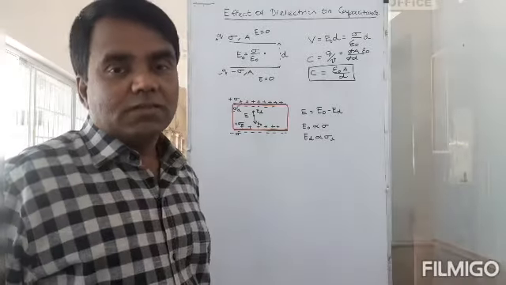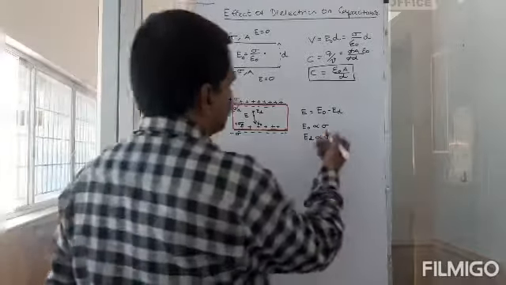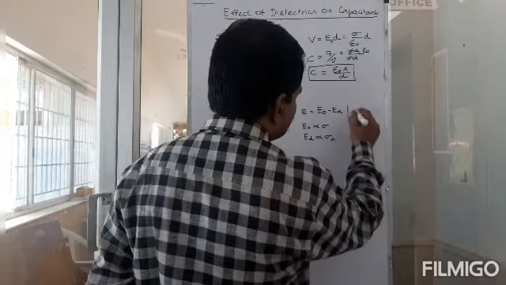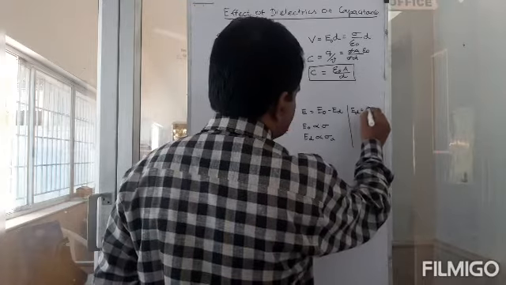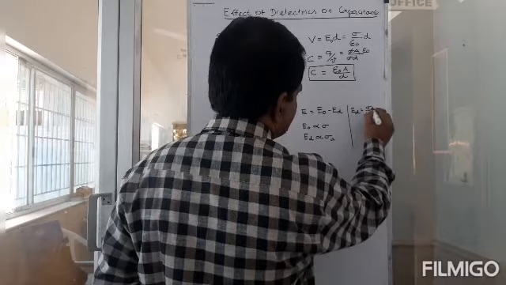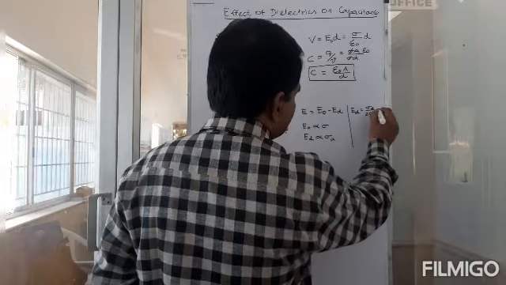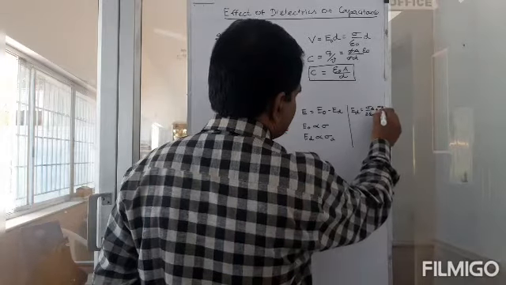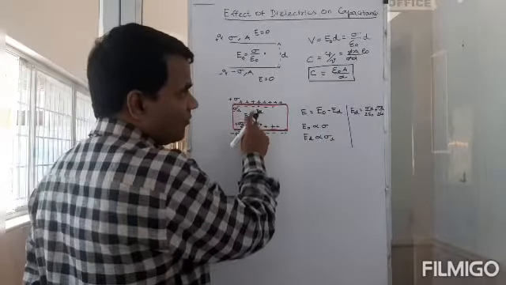So that's obvious. So what is my ED going to be? ED is going to be sigma D by 2 epsilon naught, again plus sigma D by 2 epsilon naught. They'll add, right?